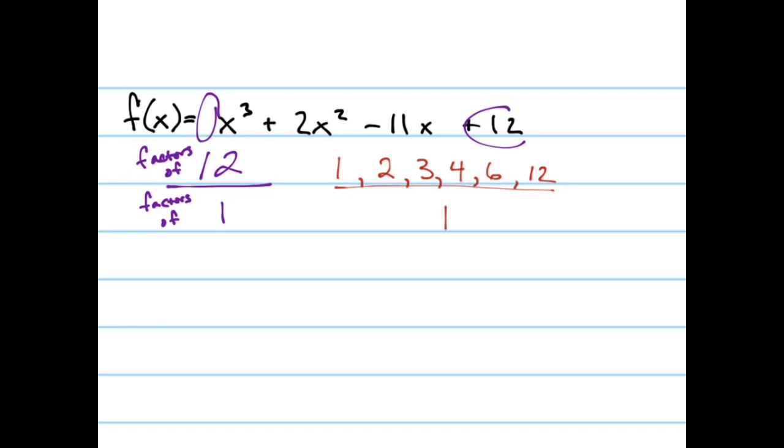Now, the good news is that is all of the positive numbers that go into 12. The bad news is that's only half of the factors of 12. Now, based on what I just said, can you tell me, Sarah, what might be the other half? All the negatives. Because negative 1 goes into 12 negative 12 times, and negative 2 goes into 12 negative 6 times. And so each of these needs a plus or minus attached to it.